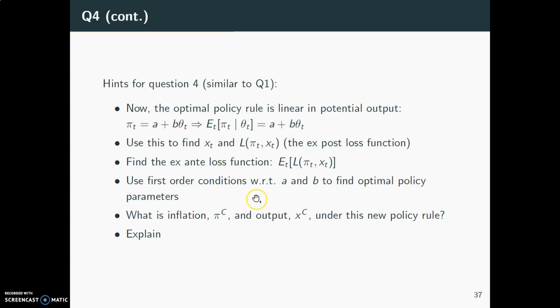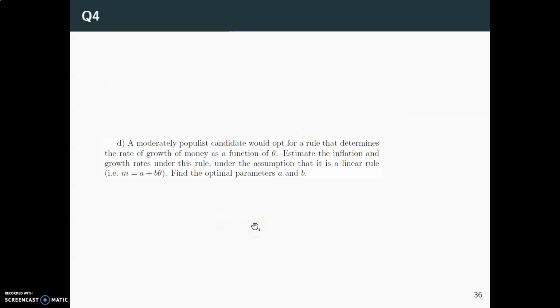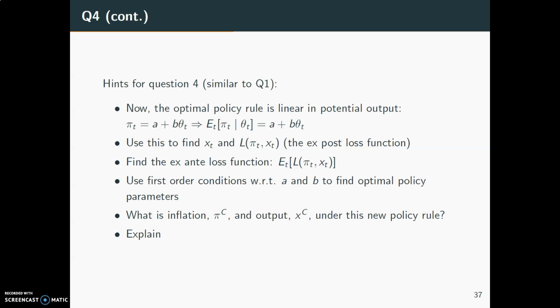And now, having found the optimal a and b, we can tell what pi t will be under this sort of commitment rule. Here I've called it pi c, but since it's a populist candidate, it's probably more reasonable to call it pi p and xp. What is inflation pi p and output xp under this new policy rule?